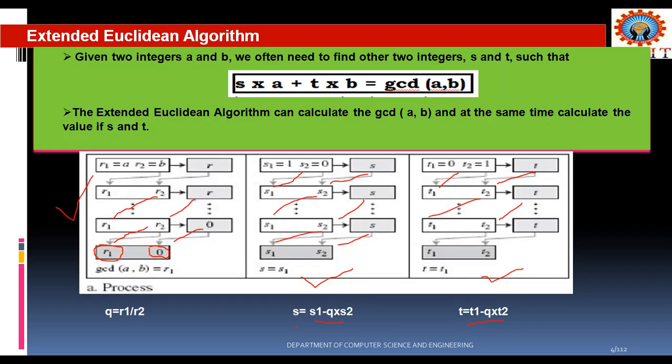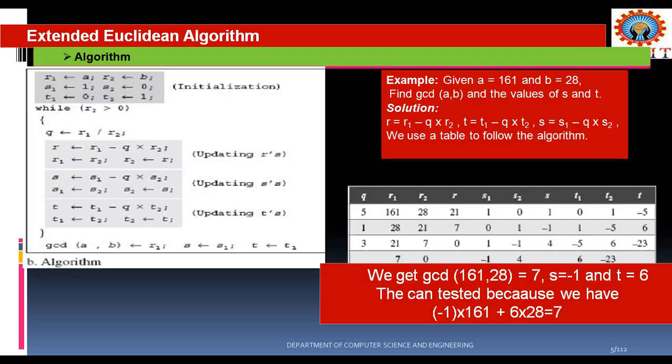First calculate the quotient value by dividing R1 by R2. Then calculate the remainder R equal to R1 minus quotient times R2. Then the new R1 is the old R2, and the new R2 is R. Then calculate the S value using the formula S1 minus Q into S2.